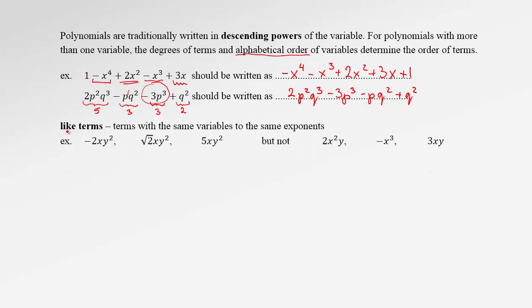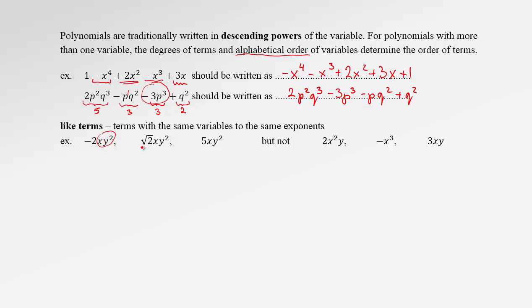We also need to be able to detect like terms and distinguish them from unlike terms. Like terms are the terms with the same variables to the same exponents. So basically, if you look at, let's say, negative 2xy squared, this label xy squared, it's like tomato soup. This label has to be exactly the same in order for those terms to be like.